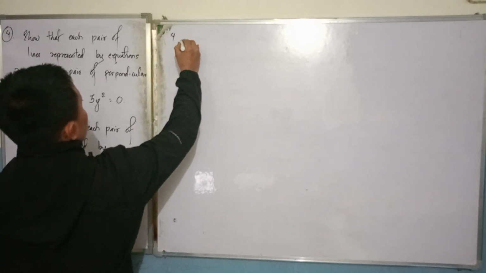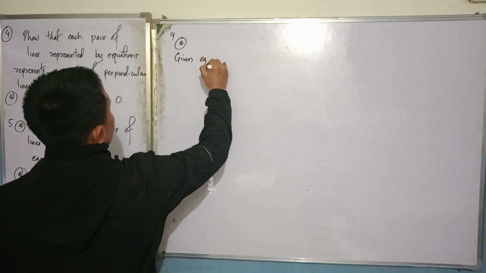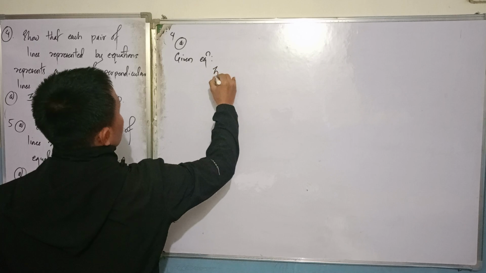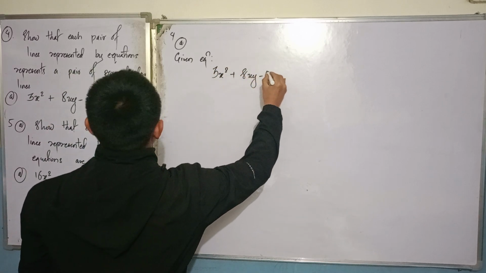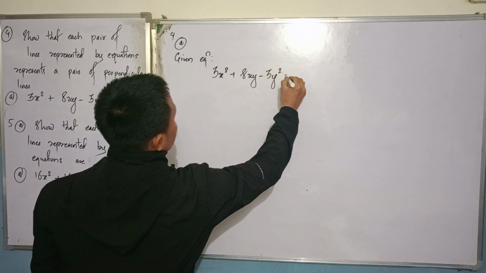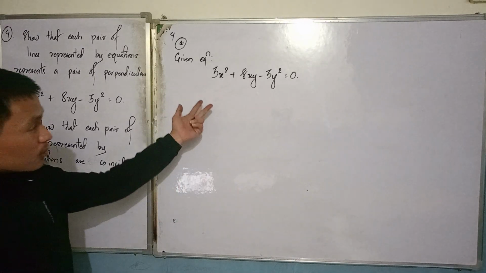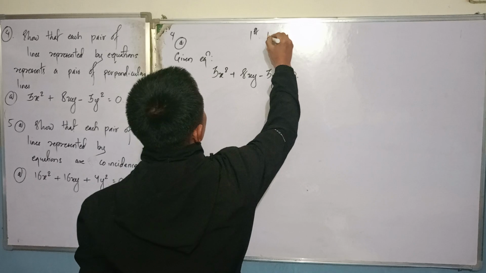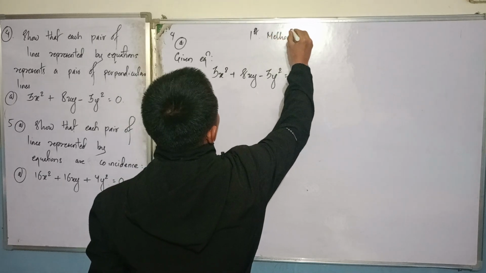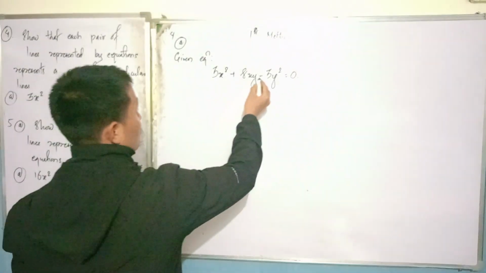So in number 4a, we have the given equation: 3x squared plus 8xy minus 3y squared is equal to 0. Right? So the first method I would like to mention here: you first find the separate equations from this.